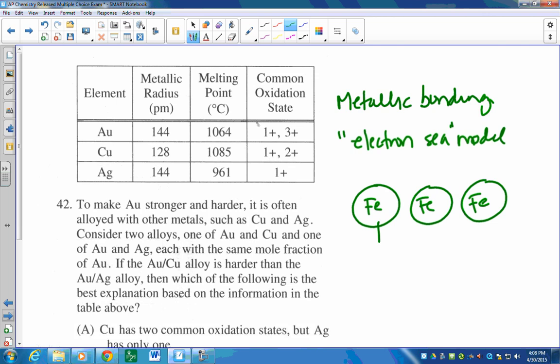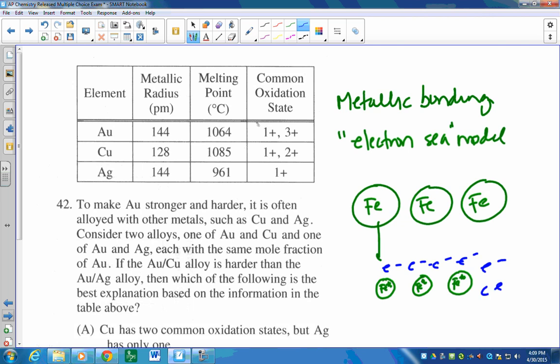Each iron atom gives away 6 electrons and turns into a much smaller iron cation with a +6 charge. You can't even see that. And then 6 electrons per atom go into the sea, and these start flowing.